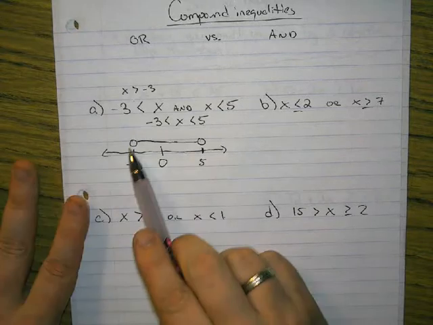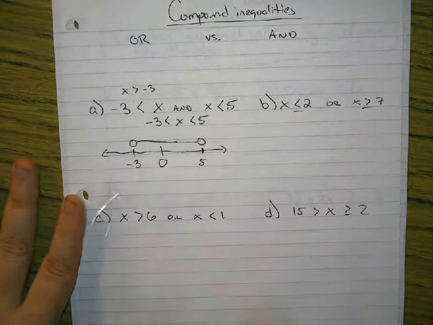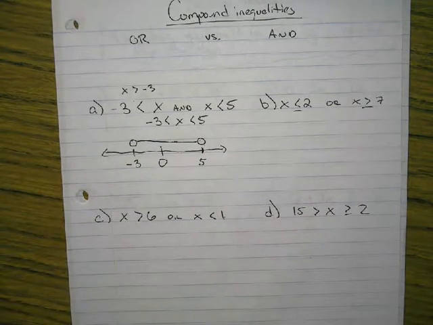And that's our answer. Everything in between but not including negative 3 and 5. So for instance, could x be 2? Yeah. Could x be 7? No. Negative 1? 5? No, because that's the open circle. Good job.